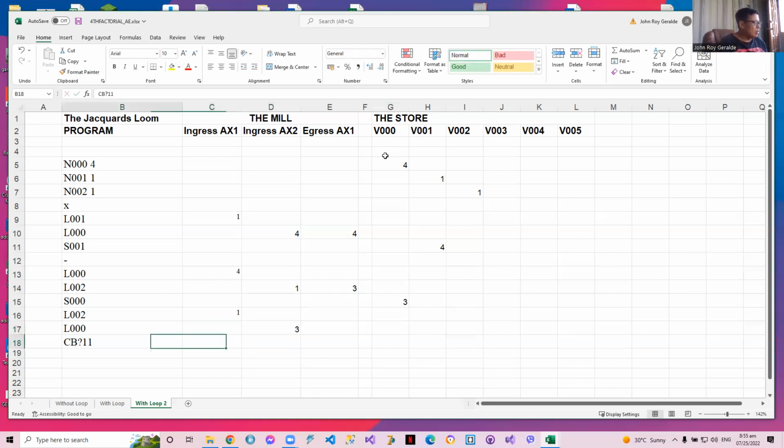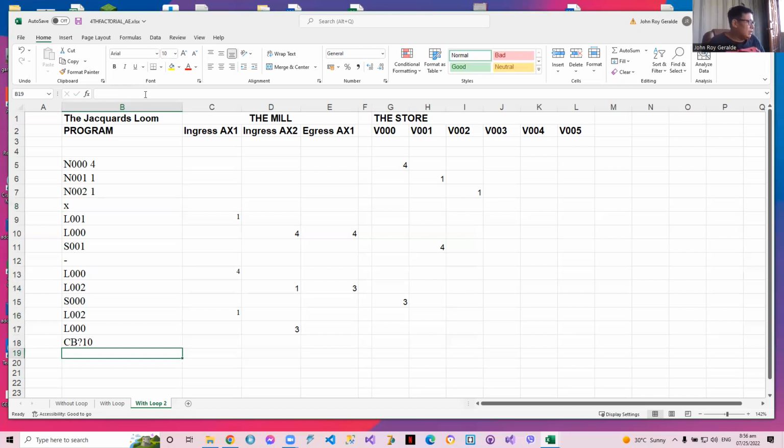Okay. Count backwards 11. 1, 2, 3, 4, 5, 6, 7, 8, 9, 10. It should be only 10. 1, 2, 3, 4, 5, 6, 7, 8, 9, 10. Okay? It goes back here. It should be only 10. So, correct.